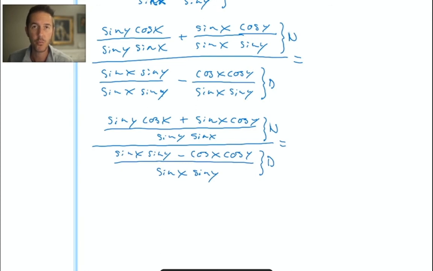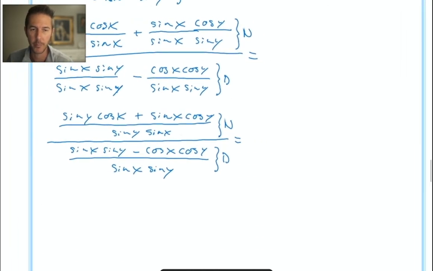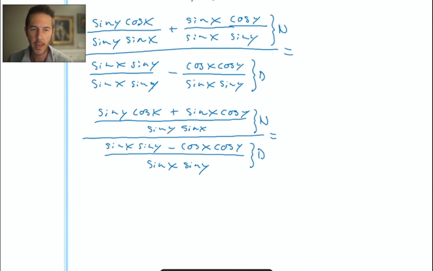If you would like to write out the keep, change, flip process, you may. It's going to take most of the width of the piece of paper, but that's totally fine. If you do that, remember that this fraction gets flipped, which means that the sine x sine y is going to appear in the numerator when you flip it. It'll cancel out with this sine x sine y that's in the denominator.